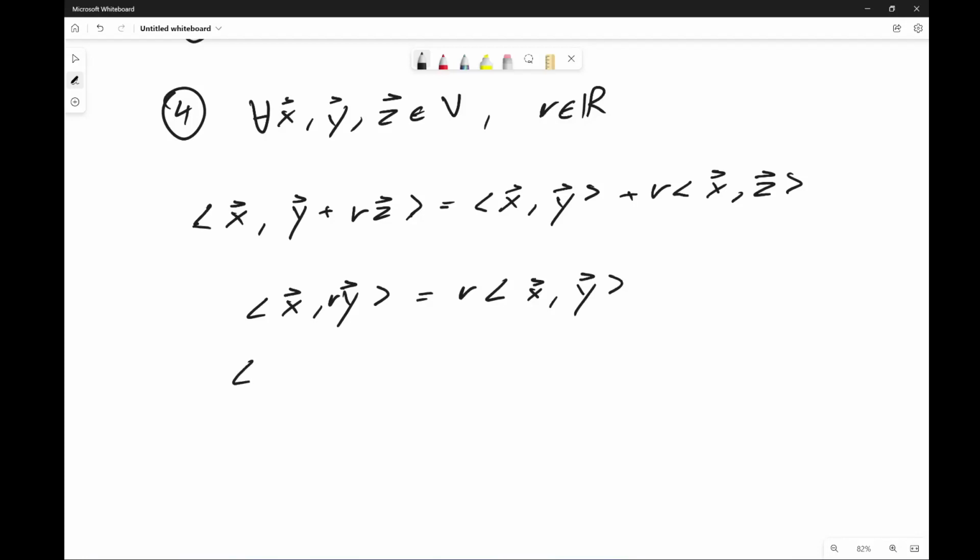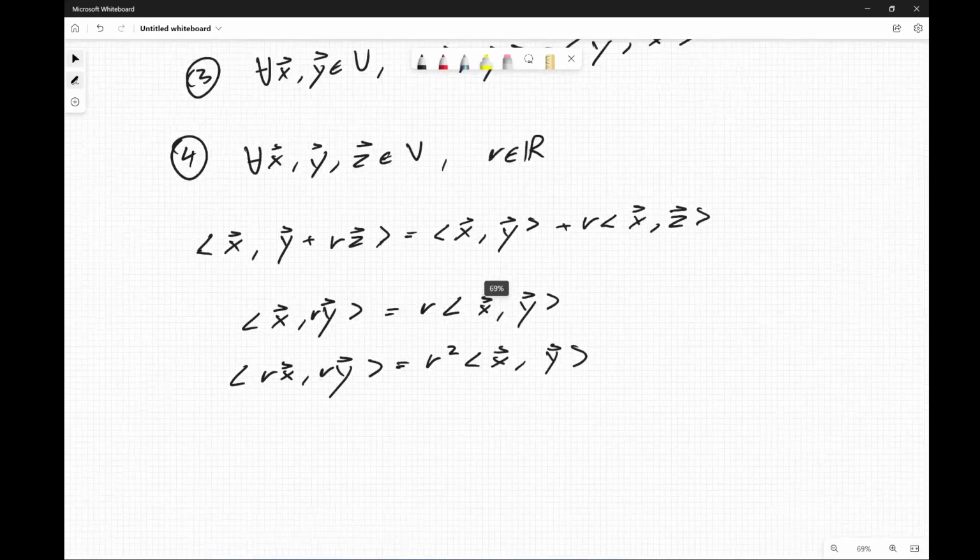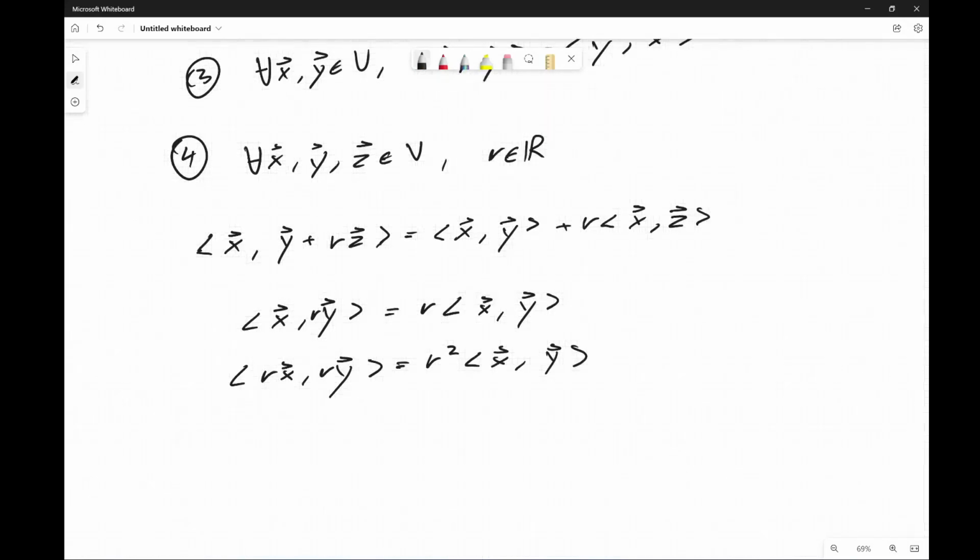If we had rx and ry, then we would have r squared times the inner product of x and y, where we can bring the product out. So if you have a bilinear map with these properties, you can classify it as an inner product for the space.